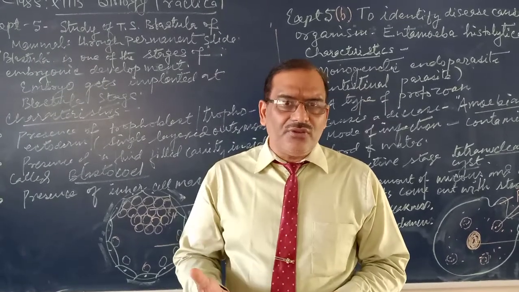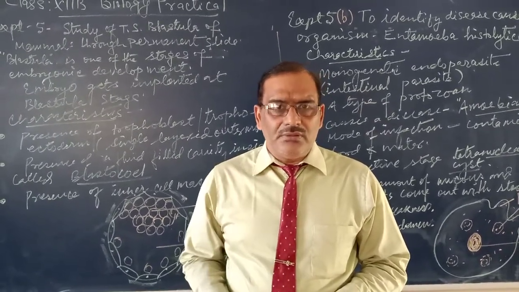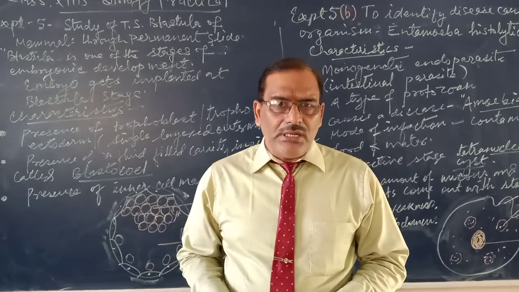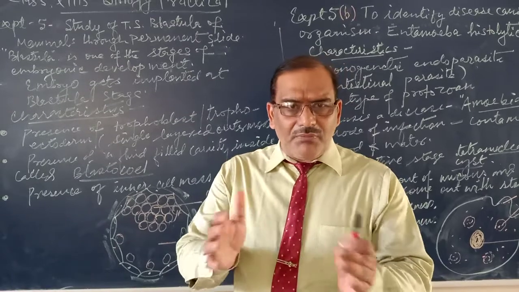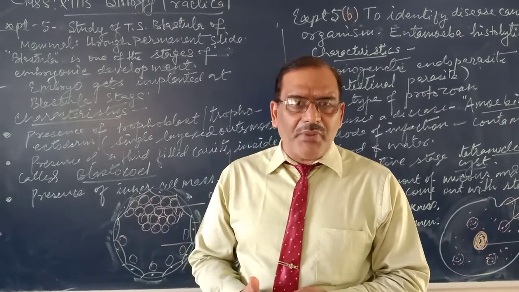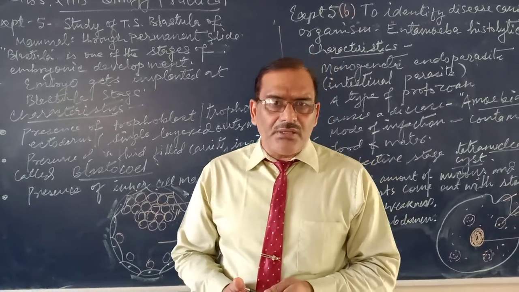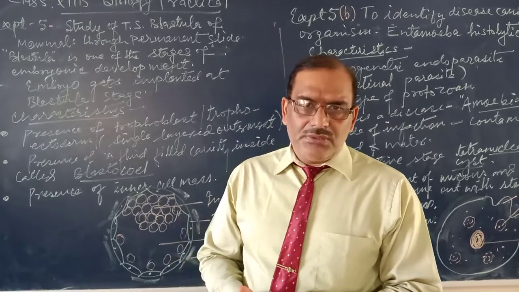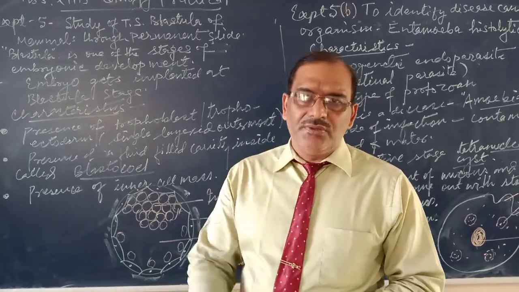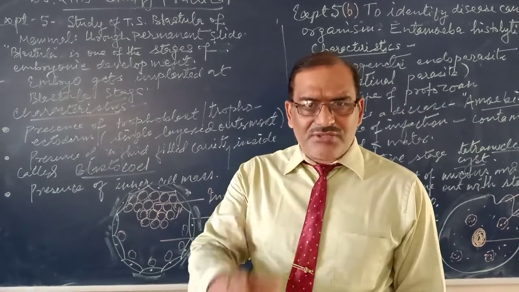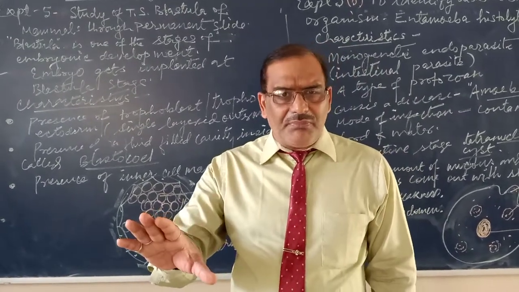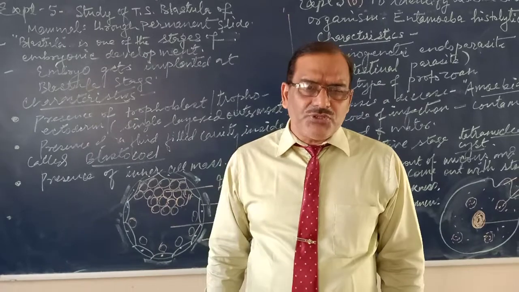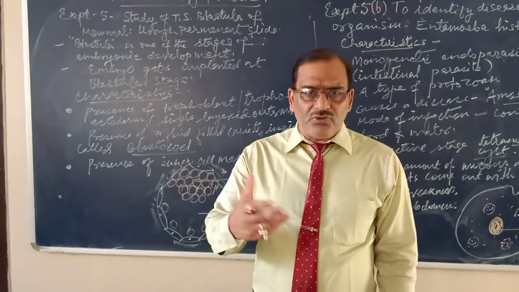The embryo is internally solid, not hollow, with no space inside, and it is completely enclosed by the zona pellucida, which is intact. Then the embryo develops into the next stage called blastula.